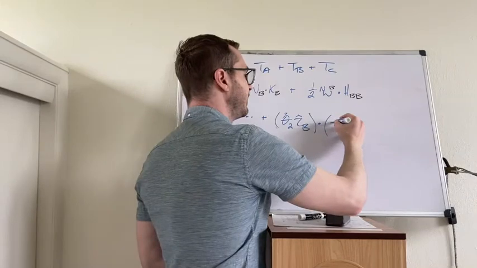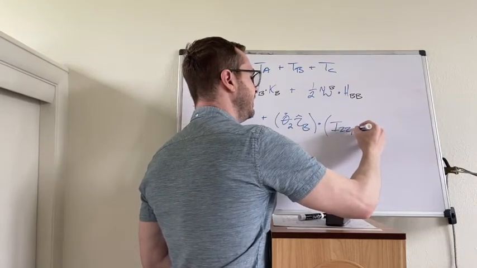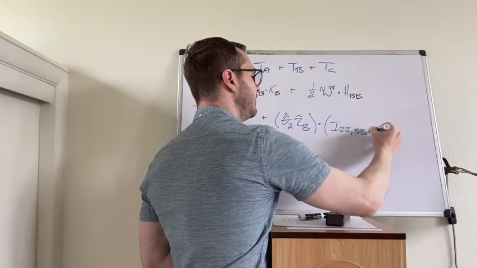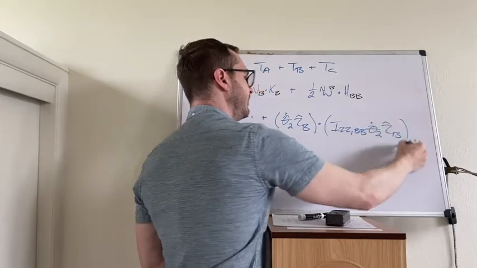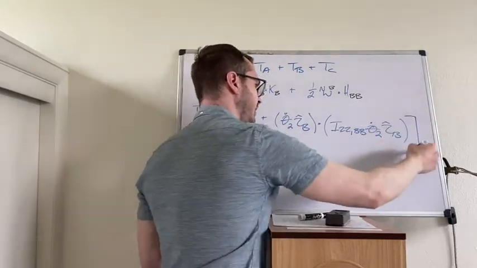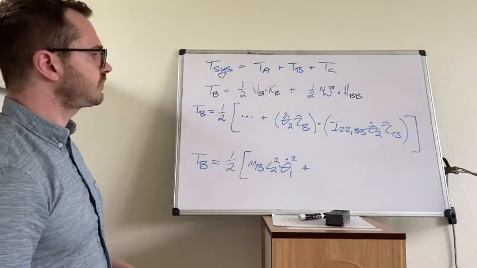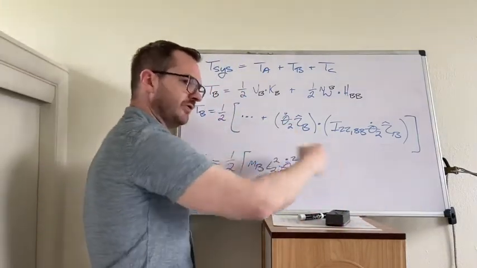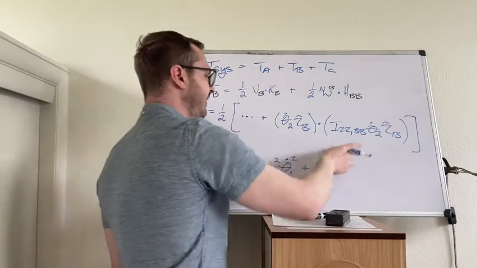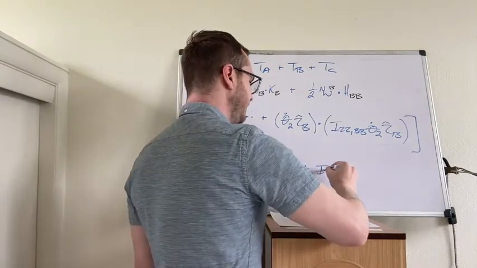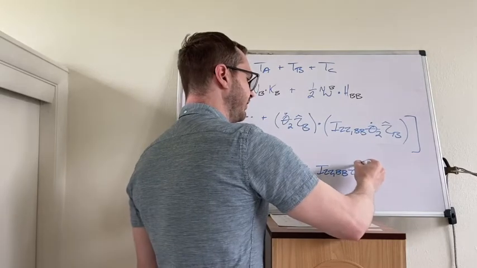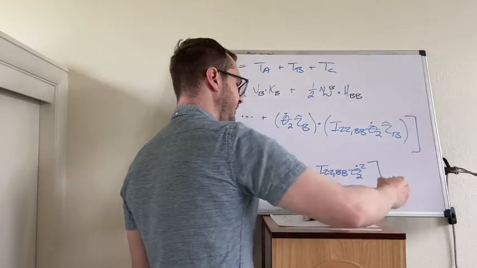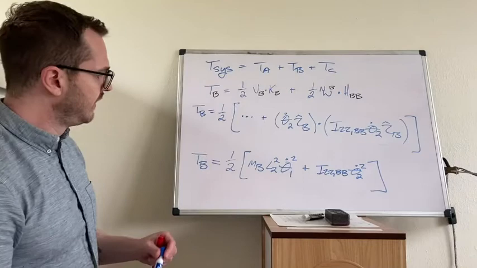We did this a minute ago. This was IZZ BB theta 2 dot ZB. And brackets. All right, we just do this dot product, right? Bring down the scalar inertia term, IZZ from BB, bring down the angular velocities, and close it off with brackets.